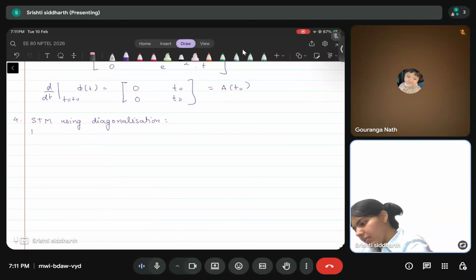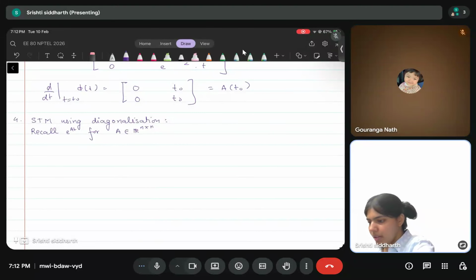And so recall that e to the power At for matrix A, which is of size n by n, can be written as P e to the power Lambda t P inverse.